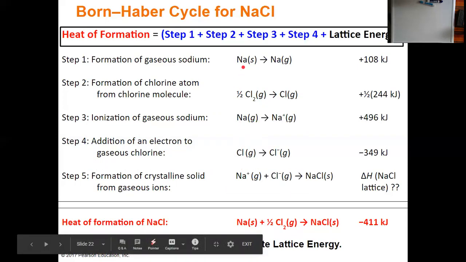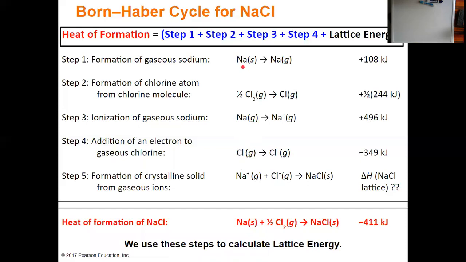So the first thing that happens is solid sodium has to be converted into gaseous sodium, and that costs a little bit of energy. Then chlorine gas, which is diatomic in nature, would have to separate into chlorine atoms, and that's going to cost some energy.